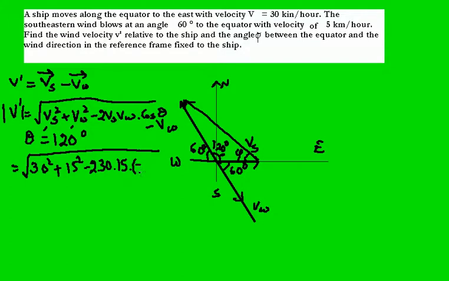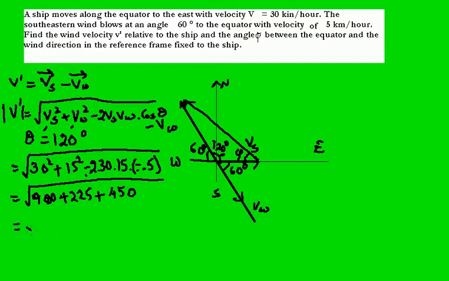So this would be 900 plus 225, and then minus into minus, these two minuses multiply to become a plus. 2 into 30 would be 60, 60 into 15 would be 900, 900 into 0.5 would be 450.